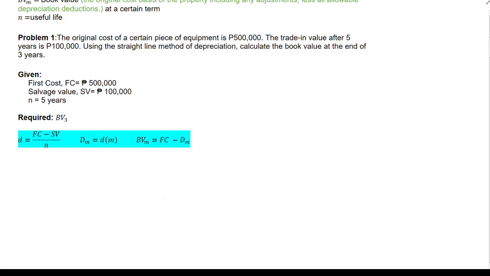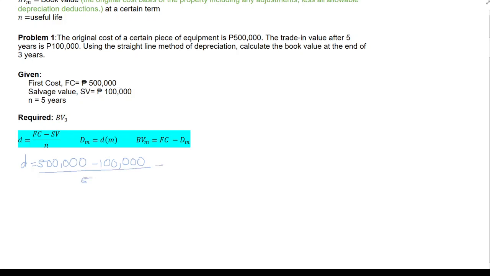If we have here the formula, D is equal to FC, first cost, minus salvage value, divided by the useful life. If you substitute the values there, that is 500,000 minus 100,000, the salvage value or trade-in value, divided by N, the useful life, which is 5 years.